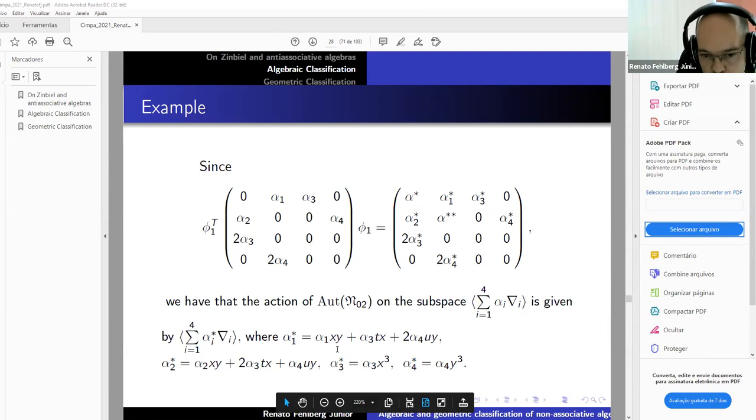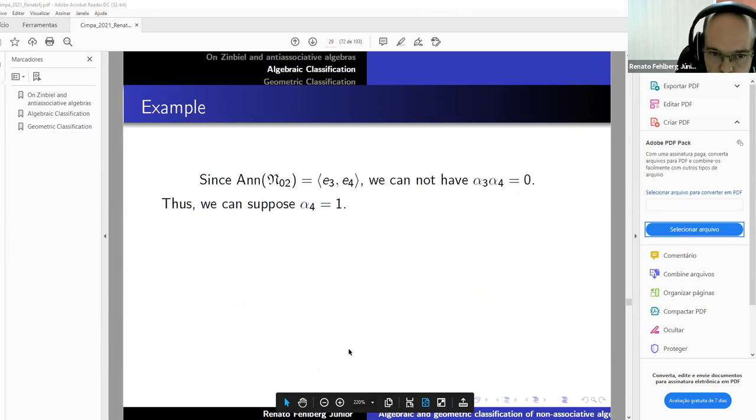So the objective here is to make a choice of this automorphism to obtain all the orbits, but first we need to look at what happens with the annihilator. Since it is generated by these two elements, in this classification we cannot have this product 0.